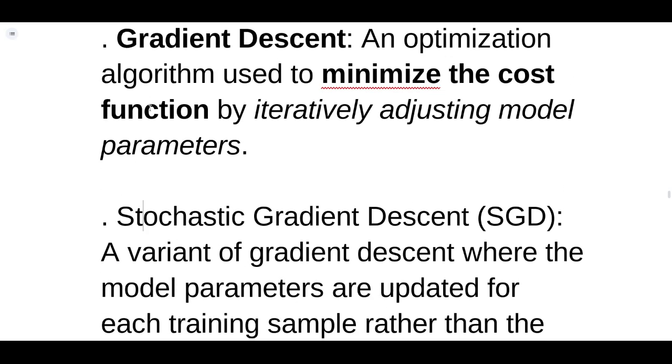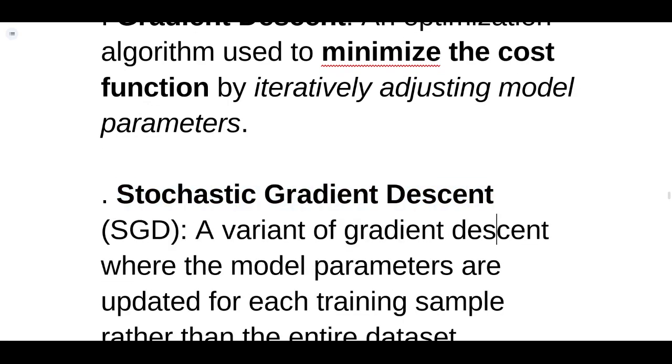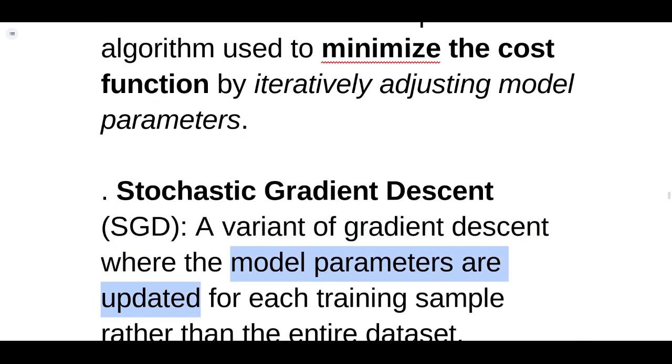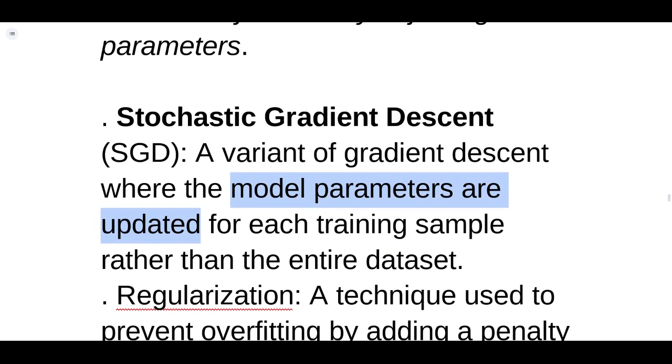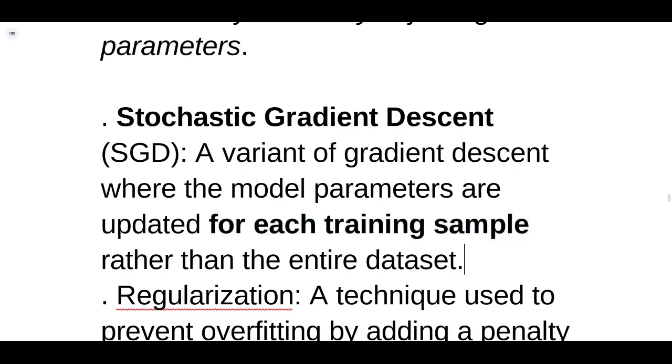Now, stochastic gradient descent is a variant of gradient descent where the model parameters are updated for each training sample rather than for the whole data set.